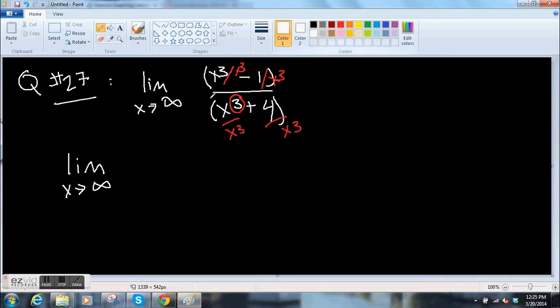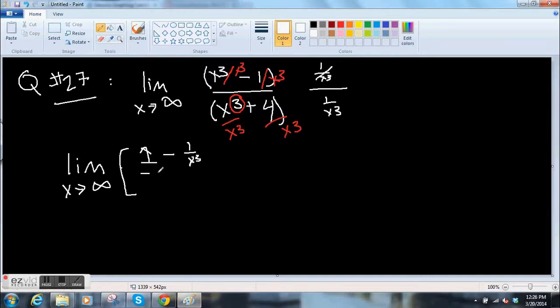So we're saying the limit of this function, I haven't changed anything because I've just multiplied the whole thing by 1 over x cubed over 1 over x cubed. This whole thing's actually 1. It's maintained the function. Now this is the limit of x cubed over x cubed is 1 minus 1 over x cubed.